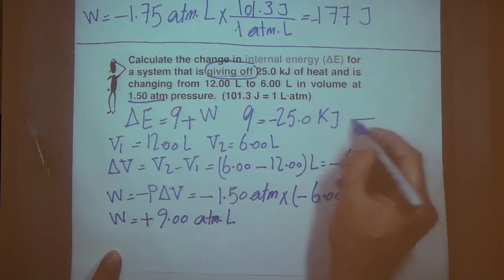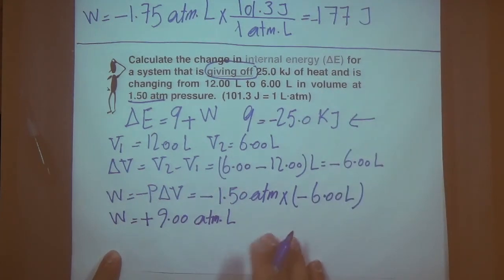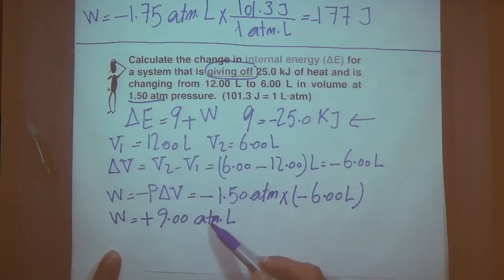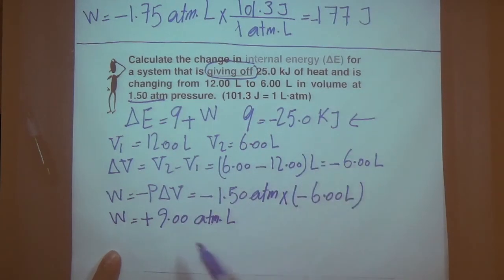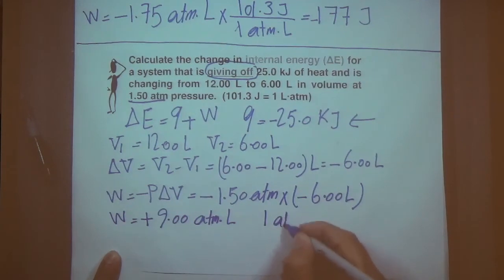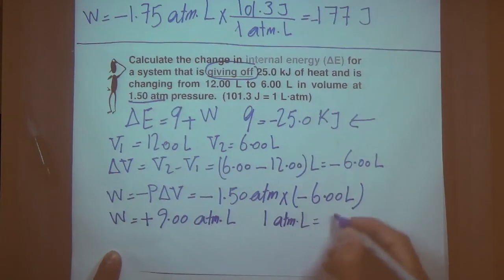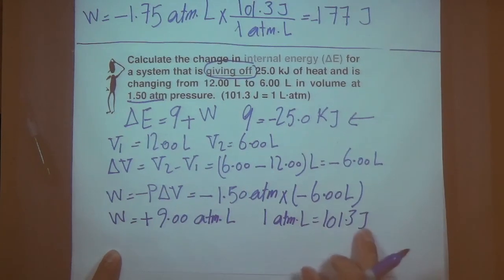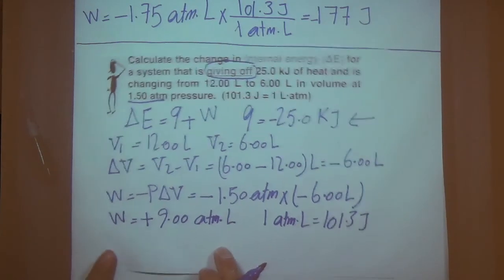Because we do have the heat in kilojoule. So if we want to add them to get the delta E, we need to have the work in kilojoule. Remember that 1 atmosphere liter is equal to 101.3 joule.